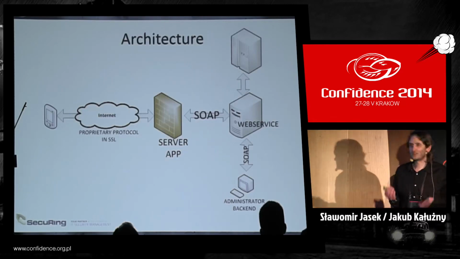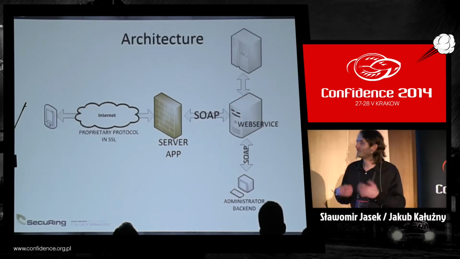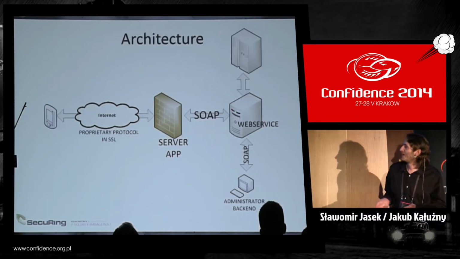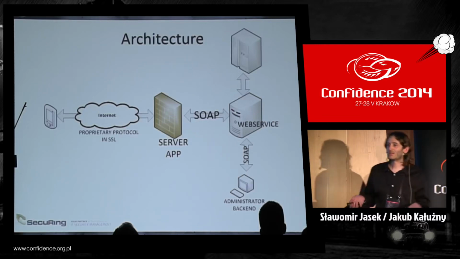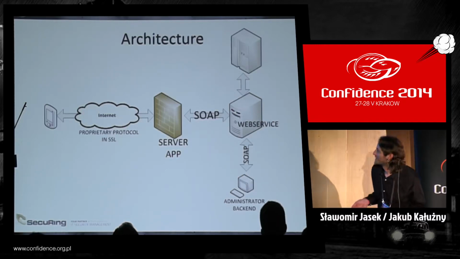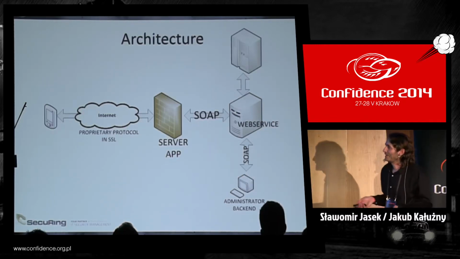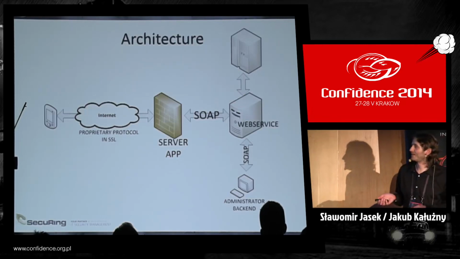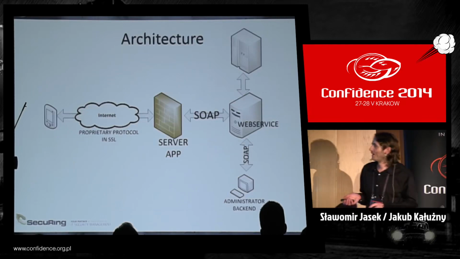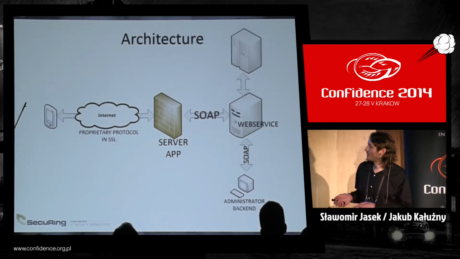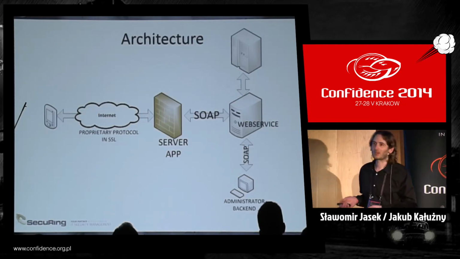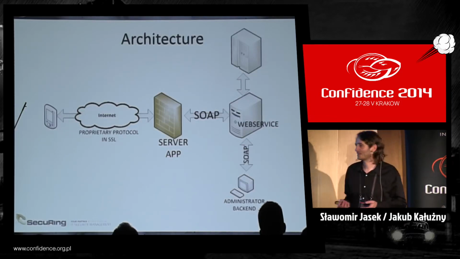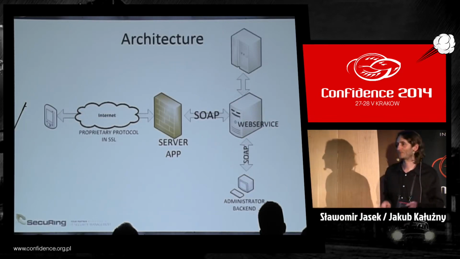And they couldn't believe that we were able to decode the protocol and use it to invoke other web services. So of course they had to repair a few things in their application, and there were other problems in the backend, for example excessive error messages and lack of multi-layer protection.